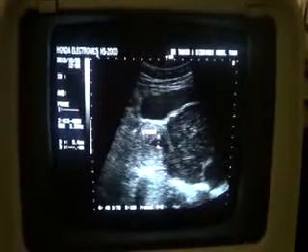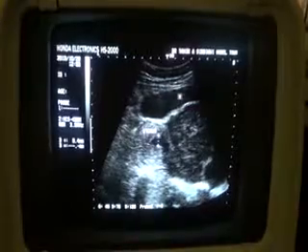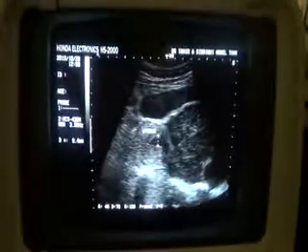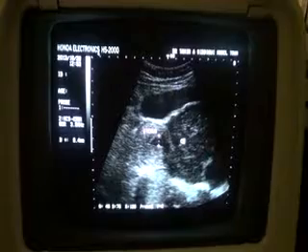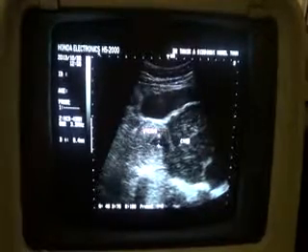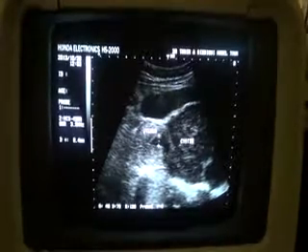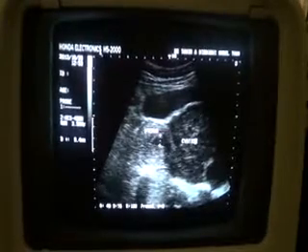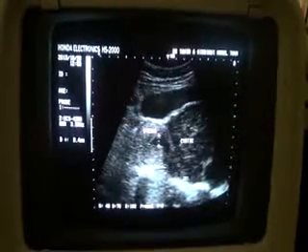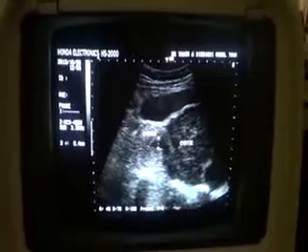This is the urinary bladder in longitudinal section, and this is a complex cystic mass. We will evaluate it later on. And this is a small amount of fluid posterior to this cystic area.